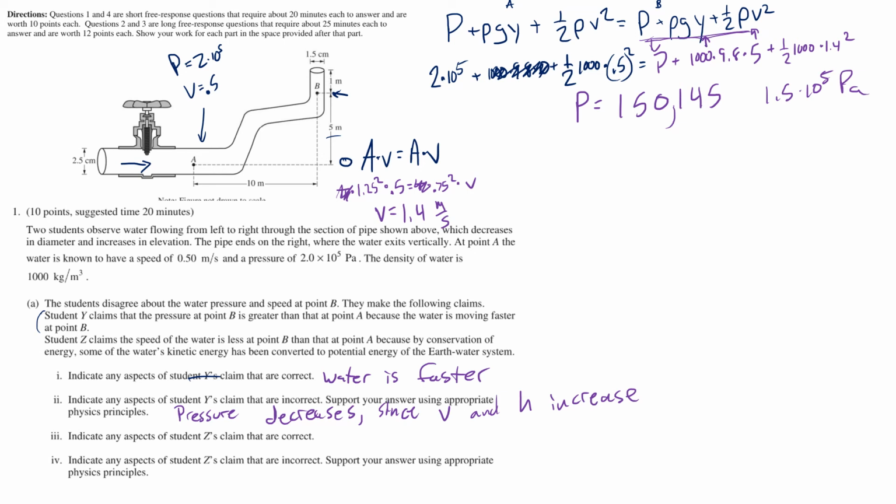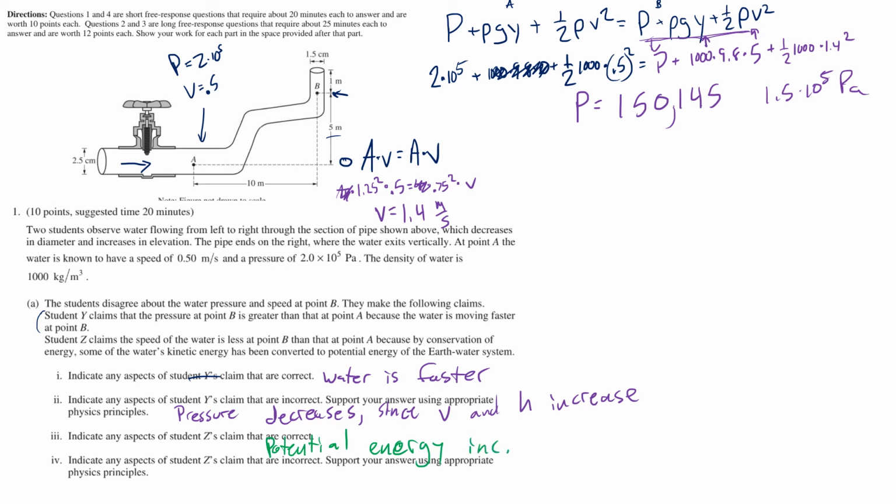Okay, now let's look at student Z. Indicate any aspects that are correct. Speed of the water is less. Well, that's not true. Because the water's kinetic energy is converted to potential energy. Well, yes, there is potential energy. Potential energy increased. All right, because it went up.